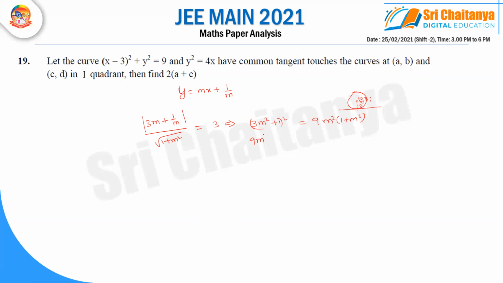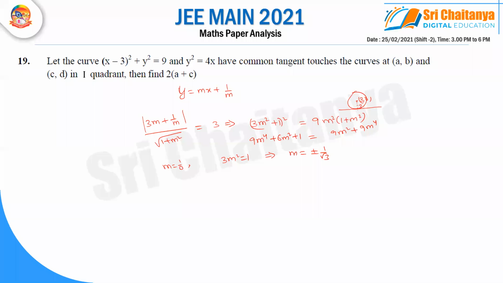So 9m power 4 plus 6m square plus 1 is equal to 9m square plus 9m power 4. As the terms are getting cancelled, m equal to 1 by 0 will be one of the slopes and the other slope will be 3m square equal to 1, m equal to plus or minus 1 by root 3.